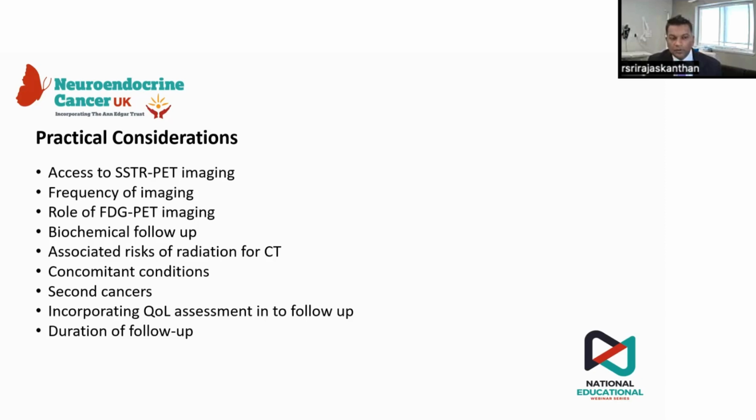In terms of the frequency and duration of imaging, the frequency is very much for discussion. These are guidelines and guidance rather than clear recommendations set in stone, so they're very flexible and fluid and can be in collaboration with the clinical team that are looking after you.